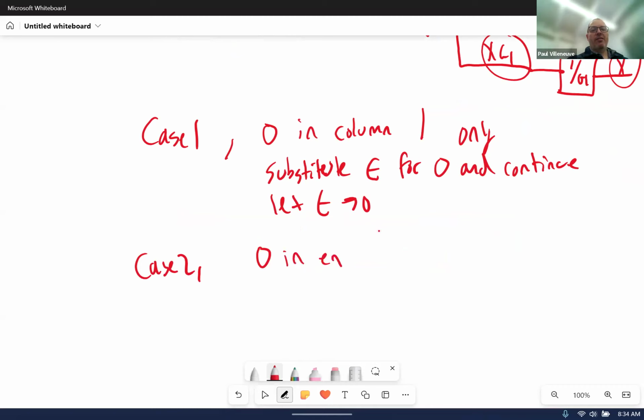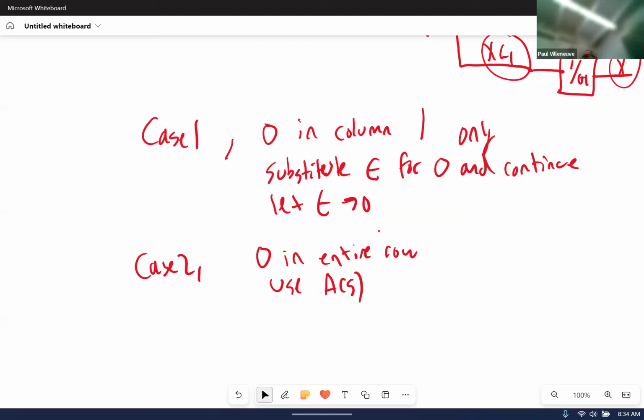The other case: zeros in an entire row. Use the auxiliary equation. How do you find the auxiliary equation? My A(s) is going to be equal to, I have a coefficient here, we'll call it A, and this will put s to the row plus 1.